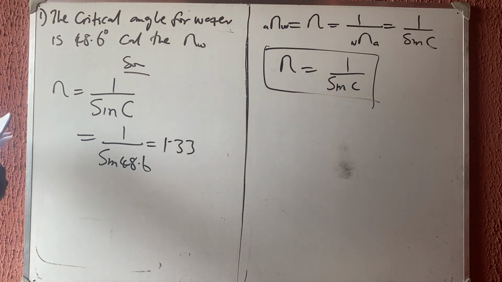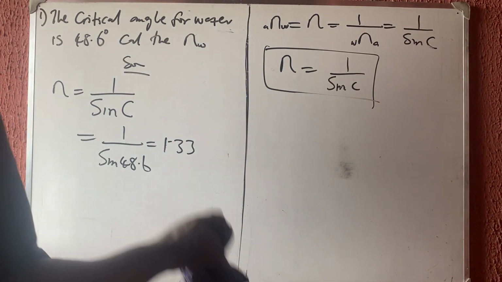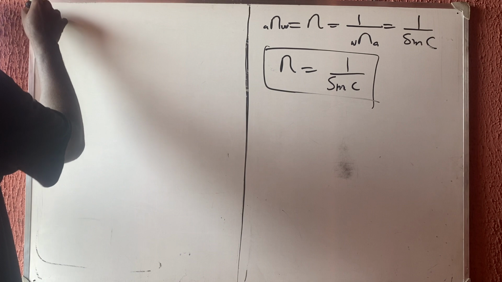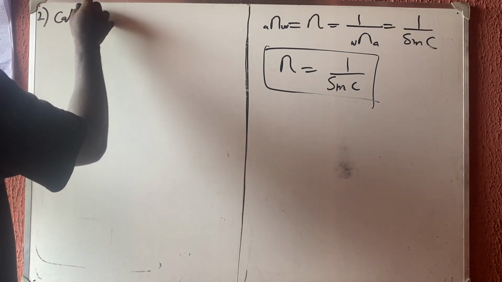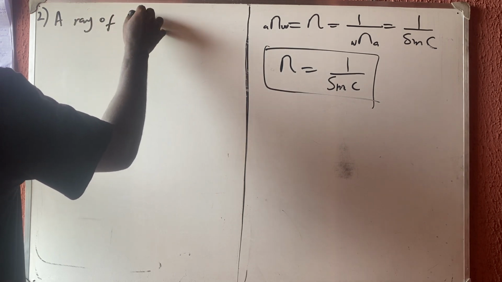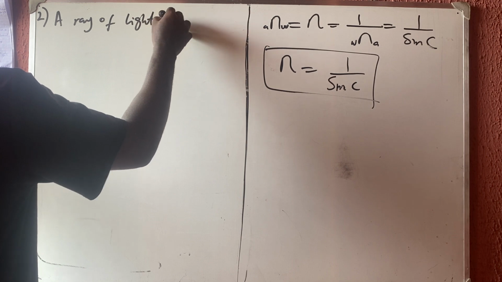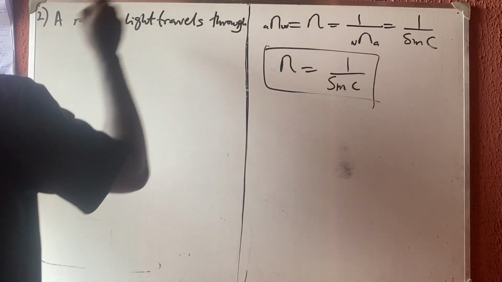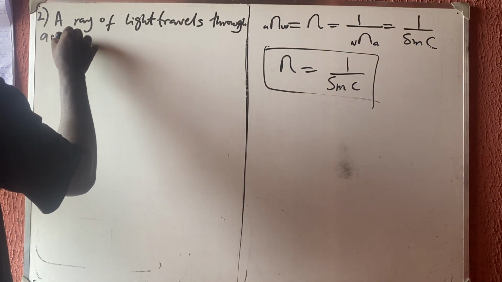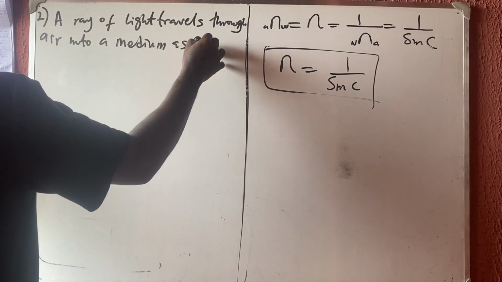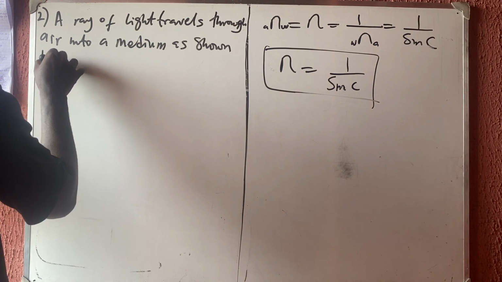The last question I'm going to solve, question number 2, and then I'm done for this particular video. Question number 2 said: a ray of light travels through air into a medium as shown below.